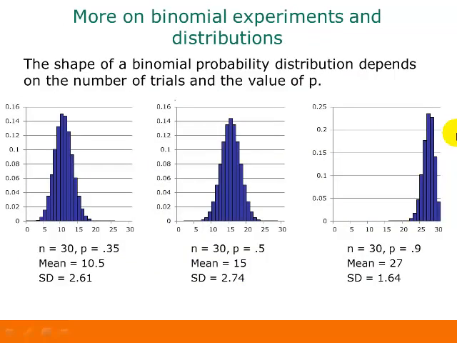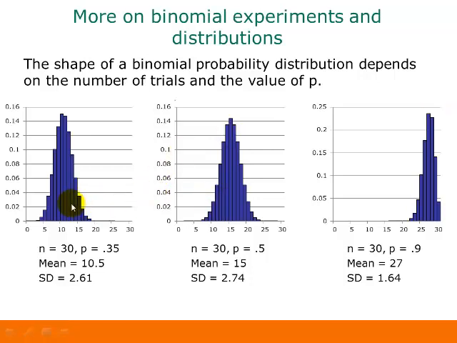Now let's look a little bit more at binomial distributions and the mean and standard deviation. If we look at probability histograms for binomial distributions, we can see that the shape of the distribution depends on the number of trials n and the value of p.